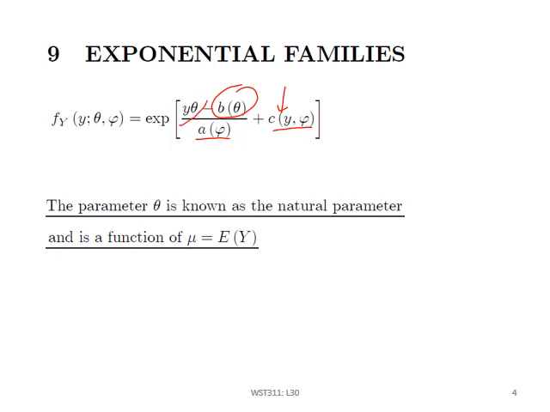We start off here with a product between the random vector and the parameter theta. These functions need to be identified when we need to prove that a distribution is in the exponential family of distributions.